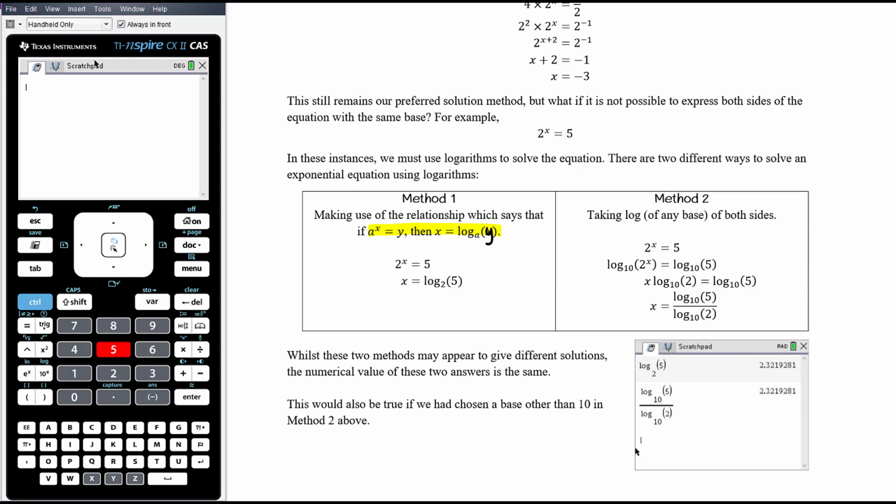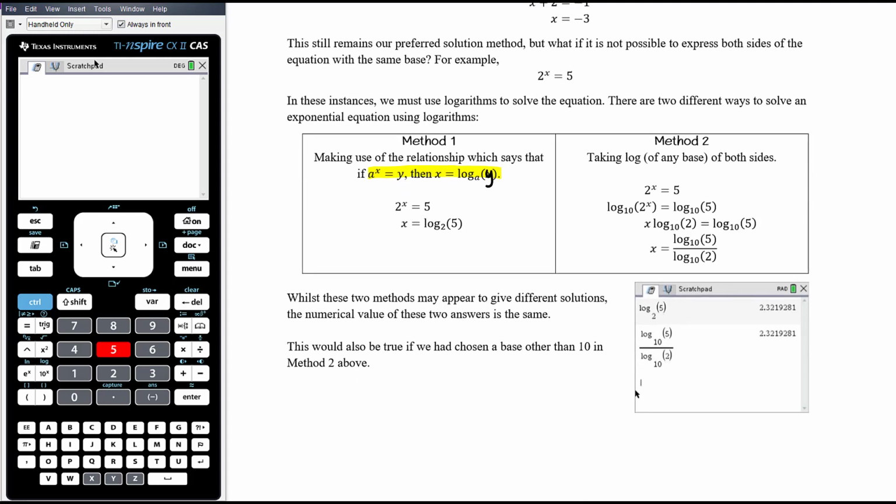The other method is to take log of any base, a base of your choosing, of both sides of the equation. In this example, I've done what we would have had to do when we were limited to only using base 10 logs, which was to take log base 10 of both sides of the equation. The advantage is that if you take a log of an exponential, our log laws allow us to bring the power down to the front.